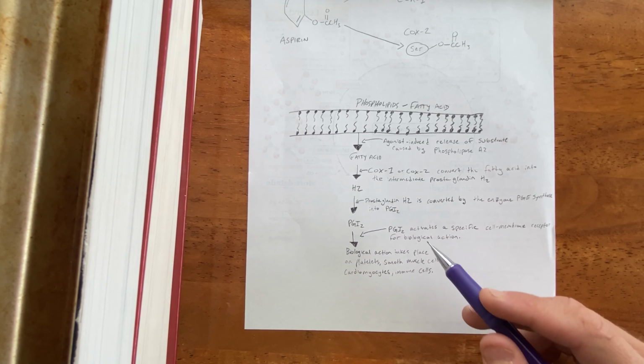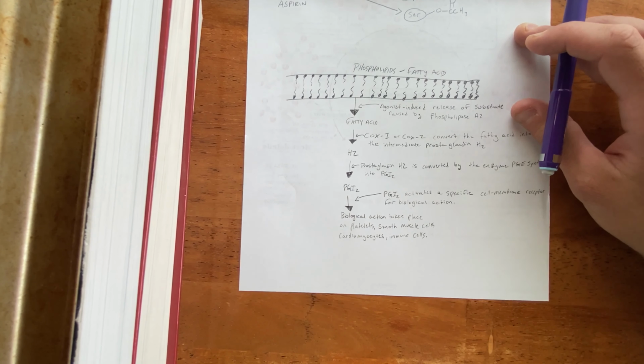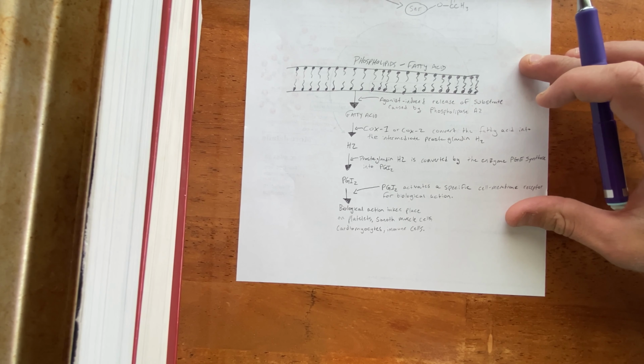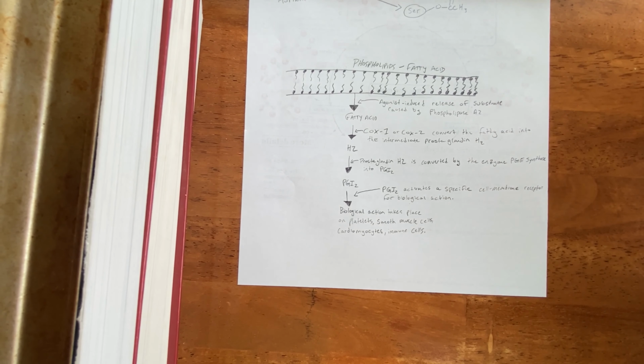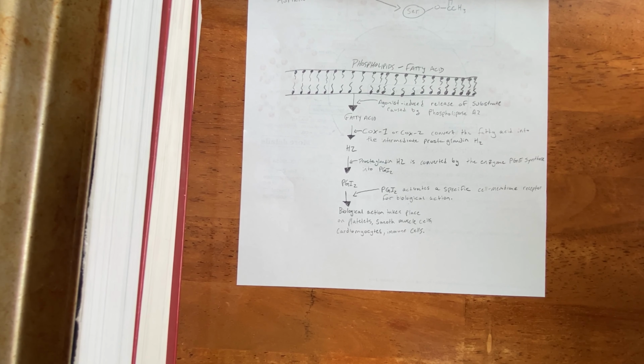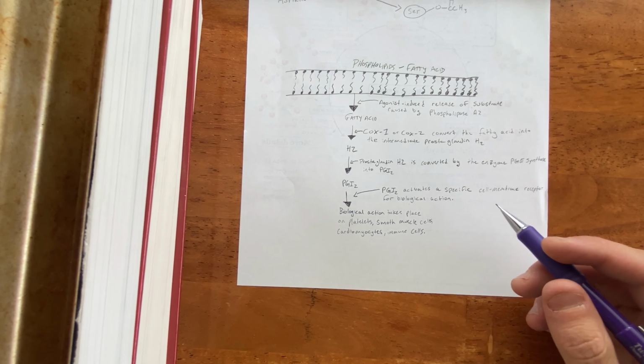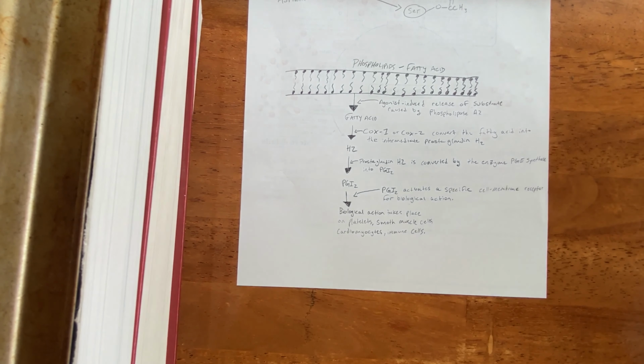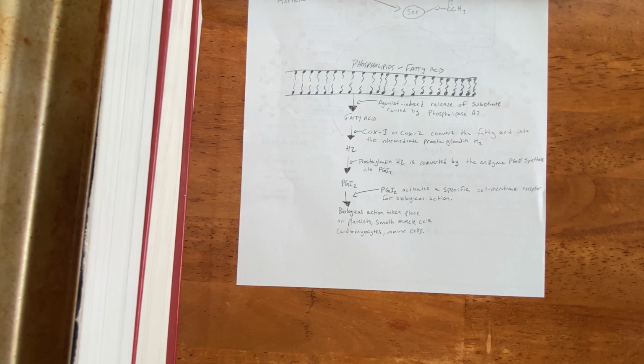And then from there, the PGI2 activates a specific cell membrane receptor for the biological action. And that takes place on the platelets, smooth muscle cells, cardiomyocytes, and immune cells, and causes those biological responses we talked about earlier, such as the increased temperature; inflammation is a big one.